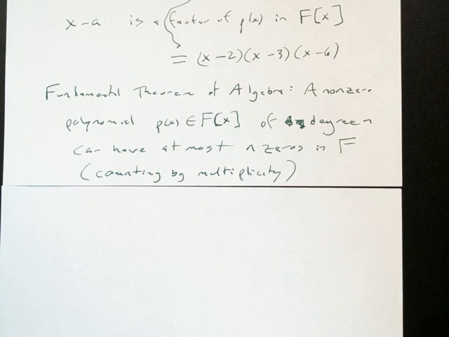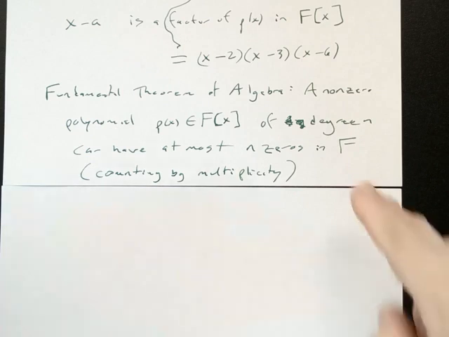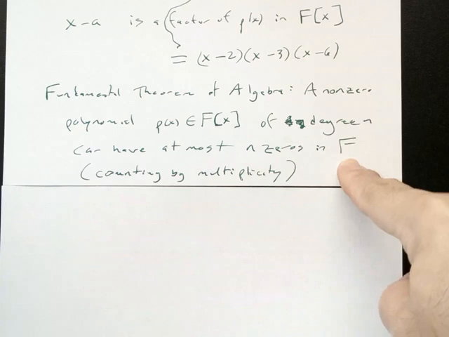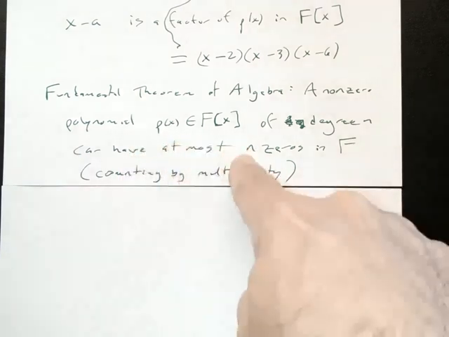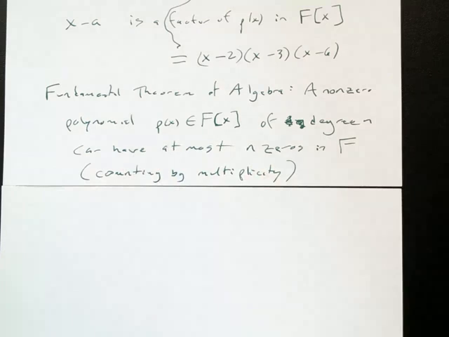The question that is before us, that is a much larger part of this course, is can I guarantee that I can find the right field where I will always have exactly n solutions?